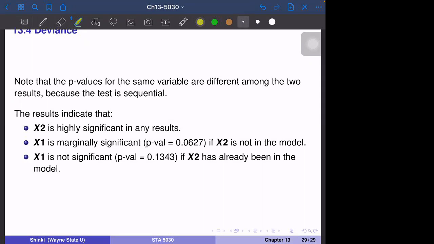It's marginal; the p-value is around 0.05. And X1 is not significant if X2 has already been in the model. So if we have information of X2, X1 doesn't add much more information. That is the result from this test by deviance.